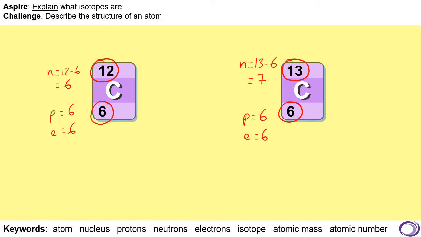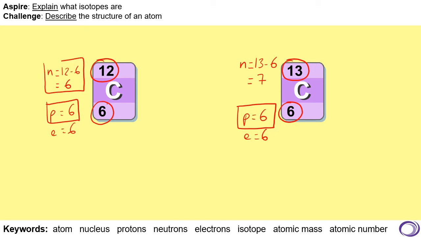So both of these atoms are still carbon because they still have 6 protons, and the number of protons is what determines which element it is. Okay, so they still have the same number of protons, they still have the same atomic number, so they're both still carbon atoms, but they have different numbers of neutrons.